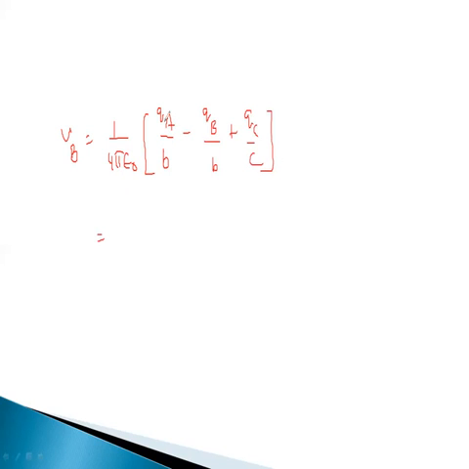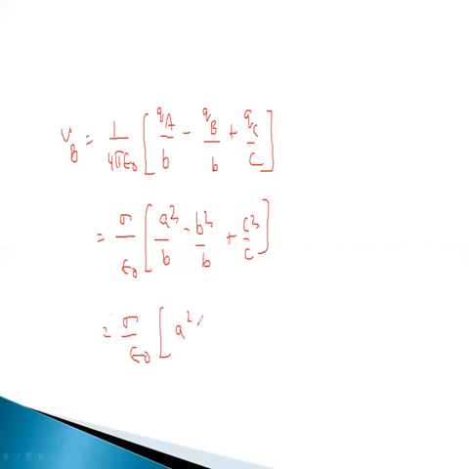Again, in the same way, if you substitute sigma into 4 pi r square in case of QA, QB and QC, then you will get sigma by epsilon naught into A square by B minus B square by B plus C square by C. And this will be sigma by epsilon naught into A square by B, nothing will be cancelled here, minus B plus C. So this is the answer for potential at point B. And for the first answer, in the given options, a small mistake is there.